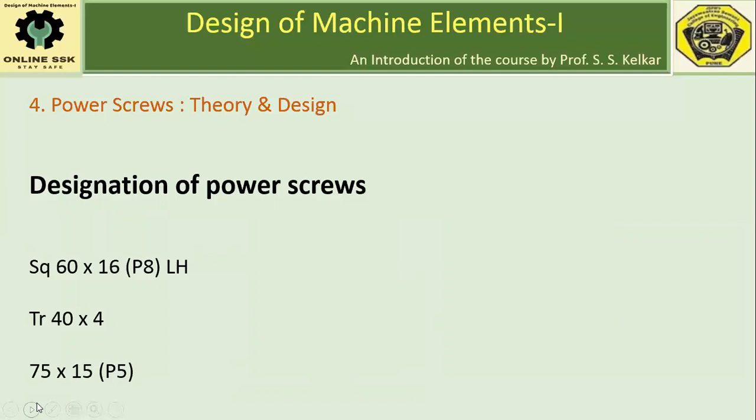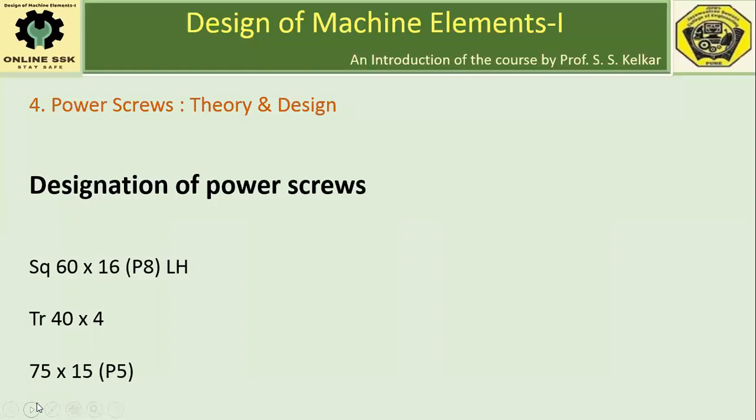If isometric or acme threads are used, then a suffix TR is used to note that acme threads or isometric trapezoidal threads are used. So first of all, the type of the screw, SQ, square or TR, trapezoidal. Then next you have to mention the nominal diameter of the screw. In the first case, it is 60, whereas in the second case, the nominal diameter is 40.